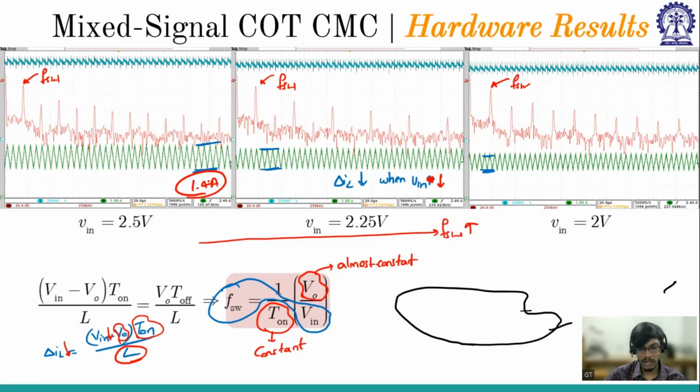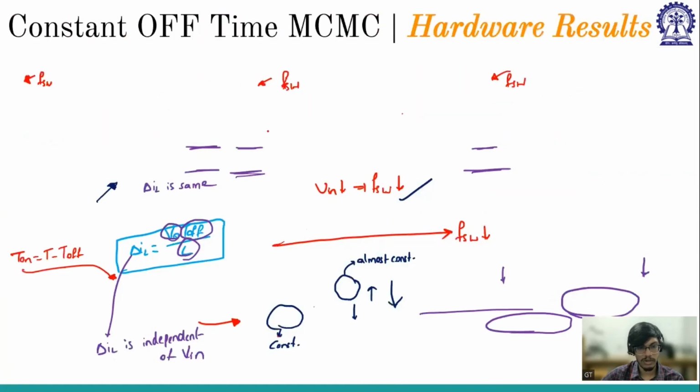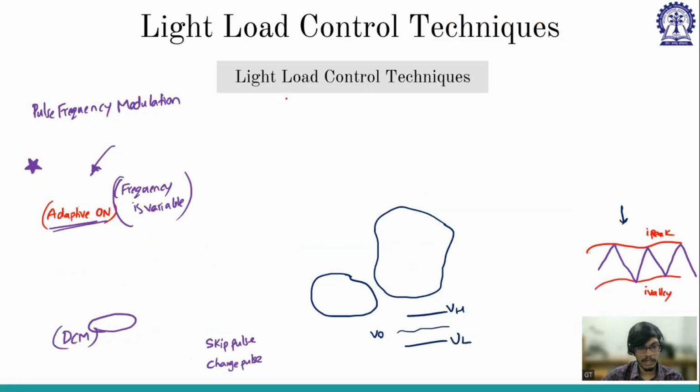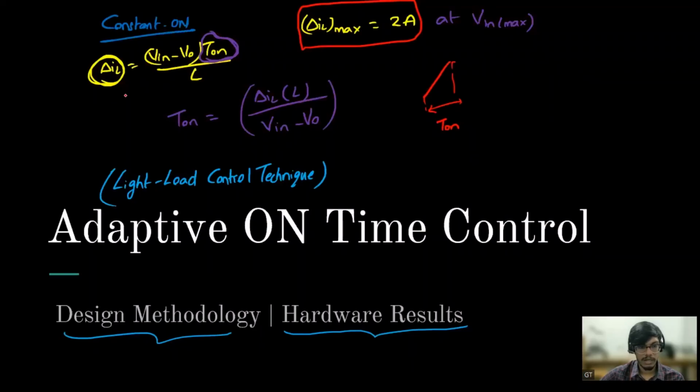Accordingly, I have fixed the on time. Now, if Vin is reduced, ripple will reduce and ripple will still stay within the given requirement. So I will design the on time for the worst case scenario. Every time we'll design it for the worst case scenario. So the same thing has been done. I am designing T on such that for the worst case, whatever is the delta IL, that will stay within the limit.